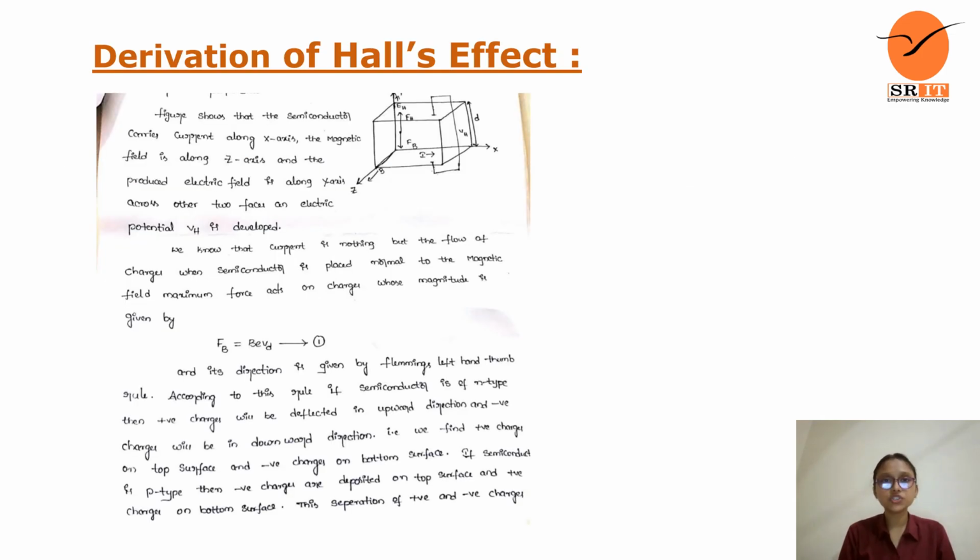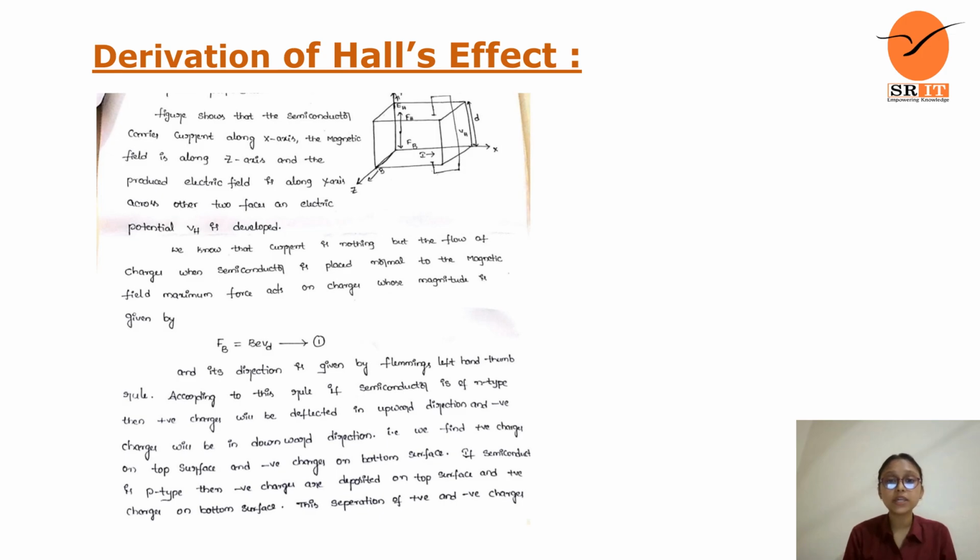Now here is the derivation of the Hall effect. From the figure, the semiconductor carries current along the x-axis, the magnetic field is along the z-axis, and the produced electric field is along the y-axis across the other two faces, and electric potential VH is developed. Current is nothing but the flow of charges.